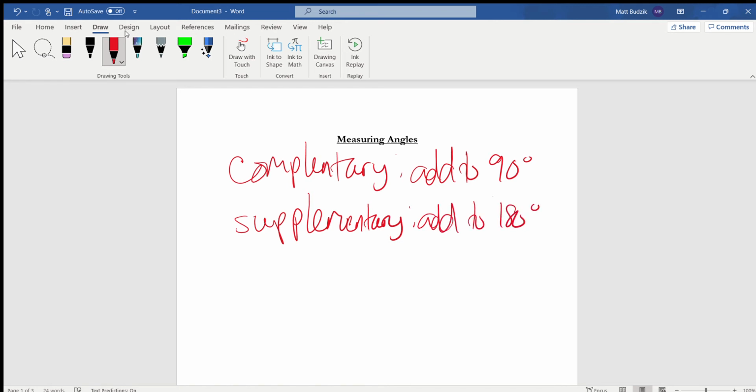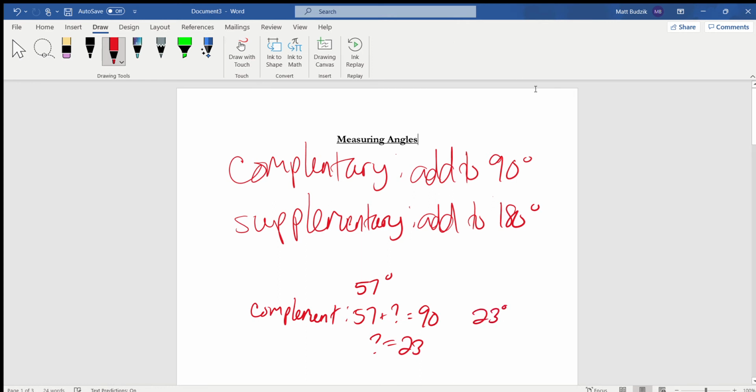So if I were to have this angle measure, let's say 57 degrees. If I wanted to find the complement of this, the complement would be 57 plus whatever gets me to 90, which in this case is 23. So the complement to this would be a 23-degree angle.